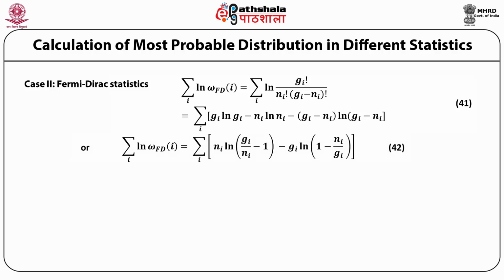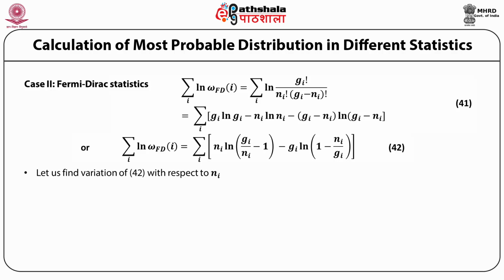Or summation over i log of W for Fermi-Dirac statistics is equal to summation over i ni log of (gi by ni minus 1) minus gi log of (1 minus ni by gi).